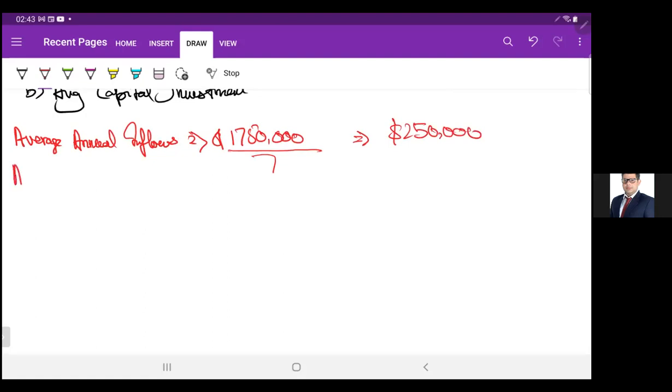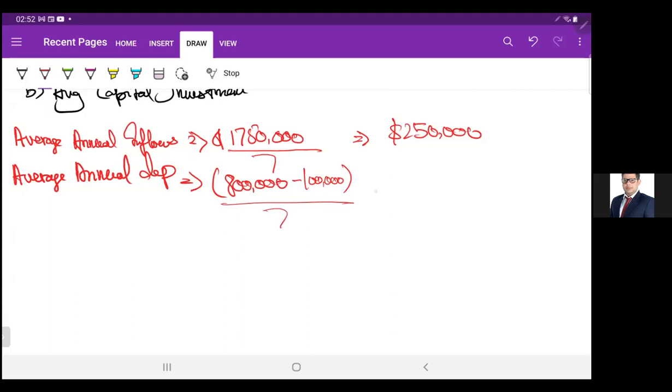Average annual depreciation: as you can see, 800,000 minus 100,000, the scrap value we noticed in the scenario above, divided by total years, which is 7 years.